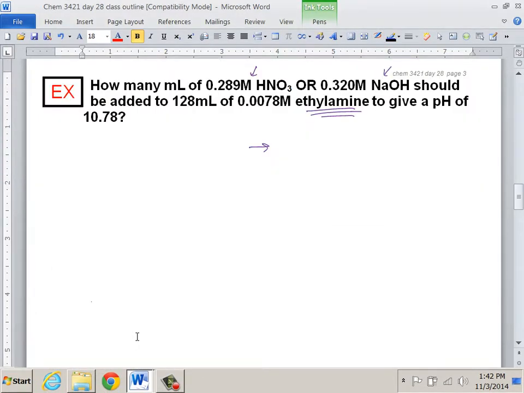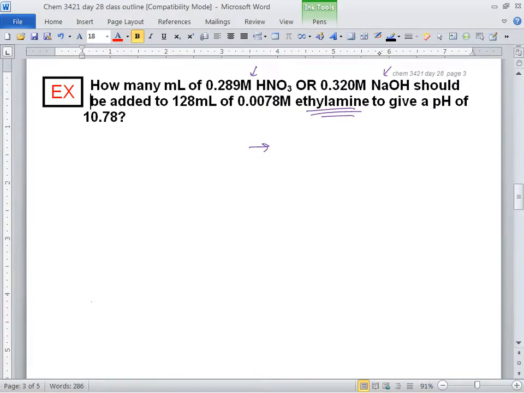So we go back to our reaction here, and you can write it out. If you're more comfortable doing this, you can write it out as CH3CH2NH2. That's exactly what ethylamine is. And it'll react with our acid to form CH3CH2NH3+.